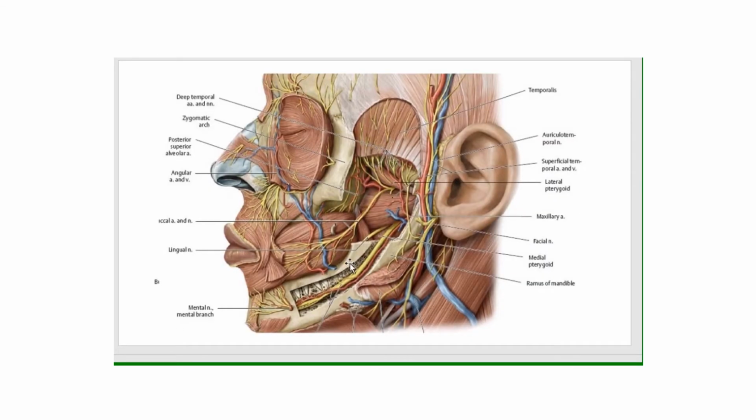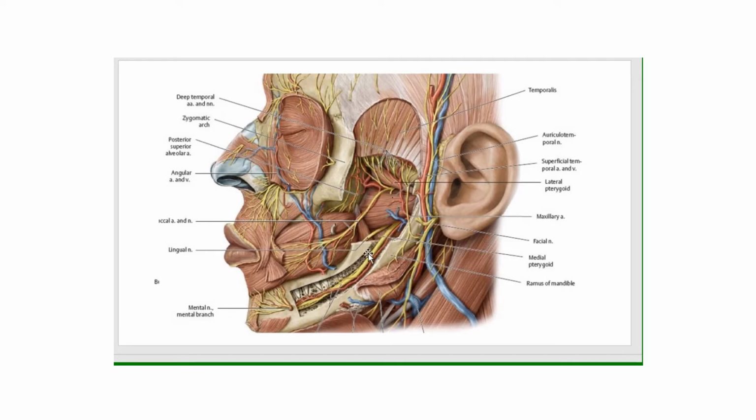Here is another figure to show the contents of the infratemporal fossa. This is the lateral pterygoid muscle. Here is the buccal nerve, a branch from the anterior division of the mandibular nerve.